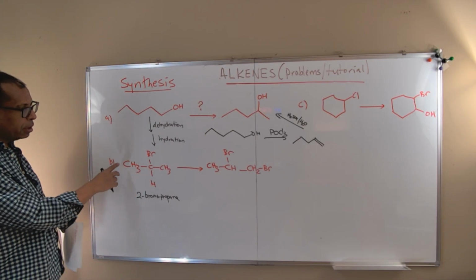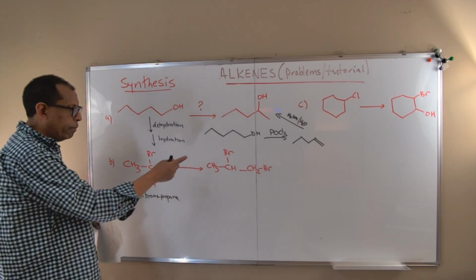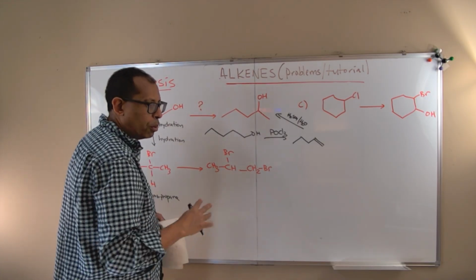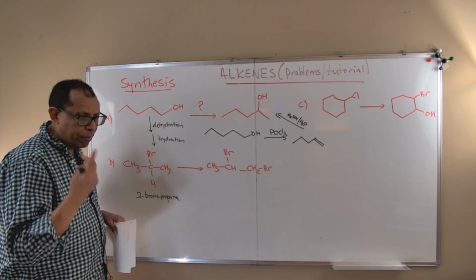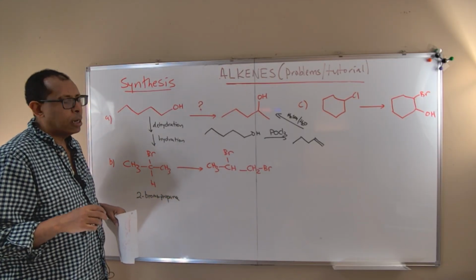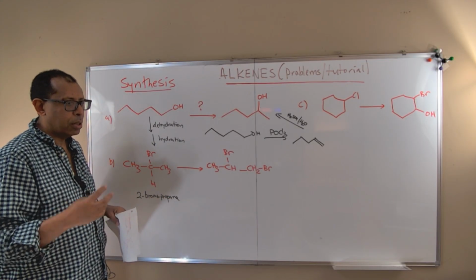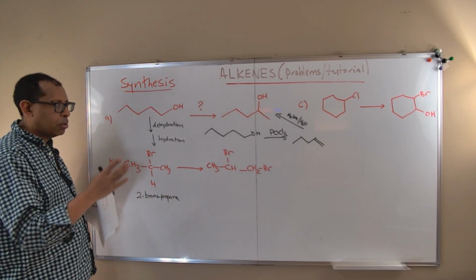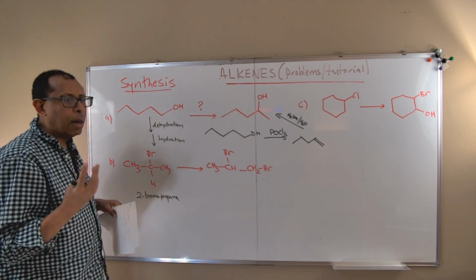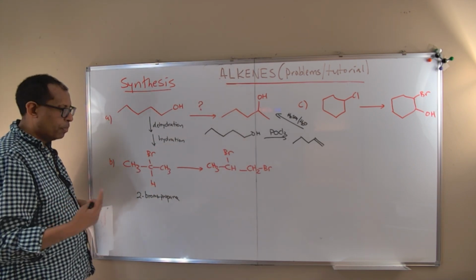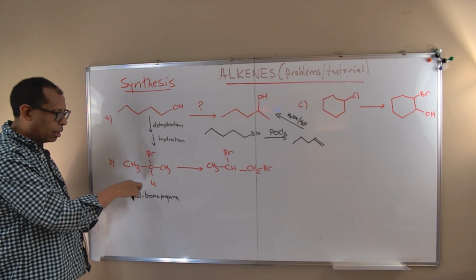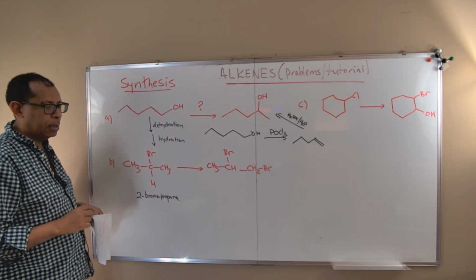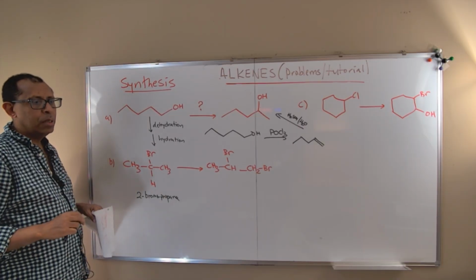So obviously, if you want a dibromo compound, if you remember, addition of bromine to an alkene results in a dibromo compound. So you should get an alkene from this alkyl halide. This is an alkyl halide.